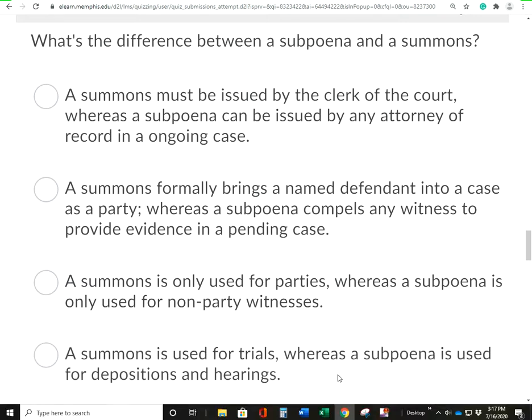But the caveat here is that a subpoena can be used not only for depositions and hearings, but also for evidence, for books, for evidence within the trial. So it's a limited answer, and I don't think it covers everything that a subpoena entails, or what you can gather with a subpoena to bring in witnesses and evidence that you need for a trial.